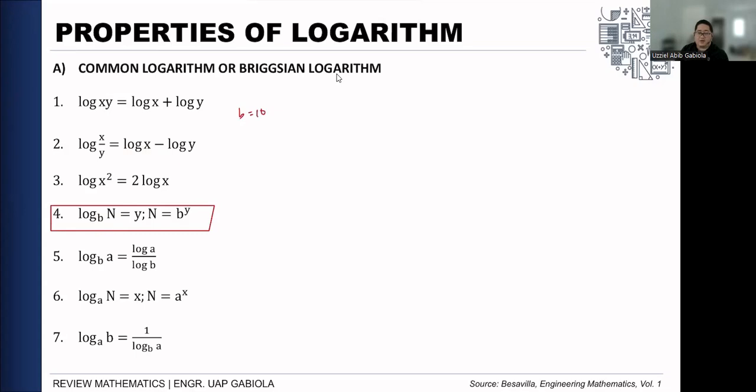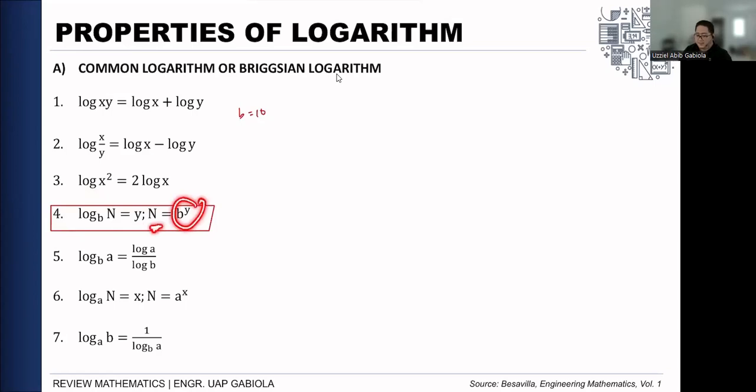Base 10. Ngayon, kung hindi siya naka-indicate or may ibang number na naka-indicate, ibig sabihin, iba yung base niya. Okay? So, dito, pwede mo daw i-change yung logarithm of a number with base b equals to y. Pwede mo siyang gawing, i-erase mo yung subscript mo by dun sa equivalent value niya equal sa dun sa value ng y, ng n. Okay?